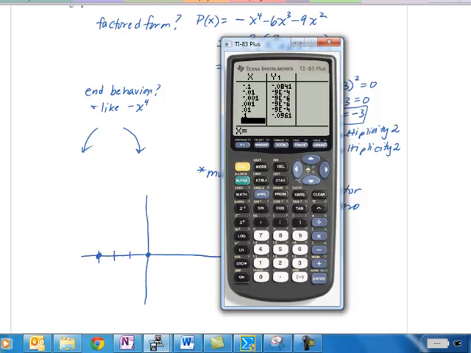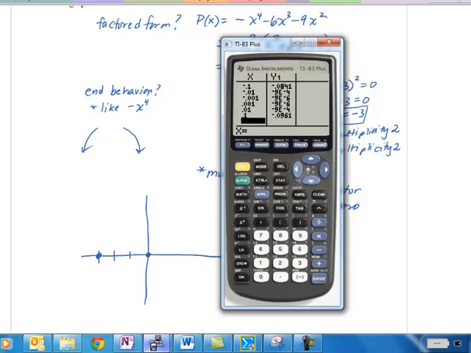Notice that these are all negative values. These that say -9, e, -4, that just means -9 times 10 to the -4. So it's a really small value, 0.009, but it's negative. And this would be 0.000009, but still negative. So notice that all of them are negative. So on either side of 0, we have negative y values.